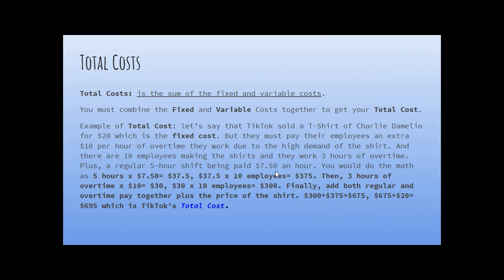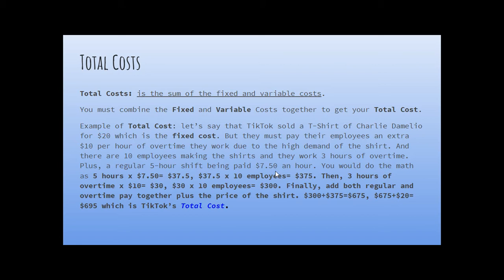That's $300. So now we're just going to combine these two totals: 375 plus 300 equals $675.